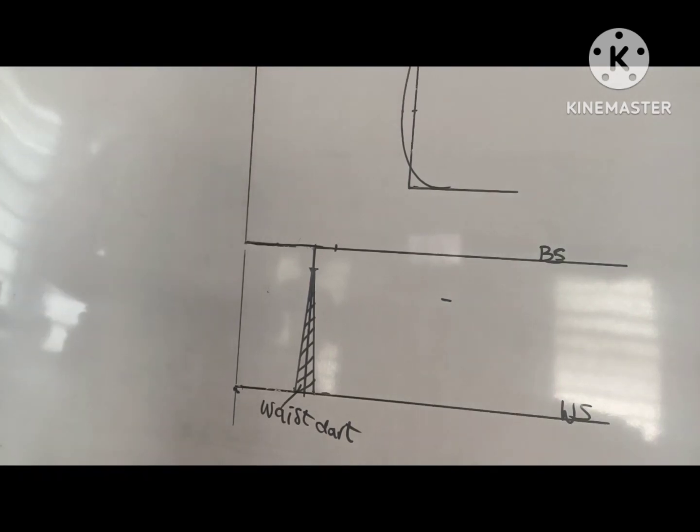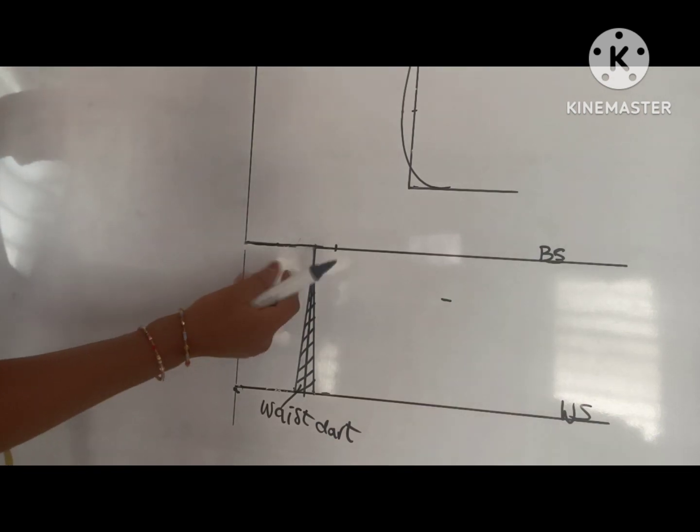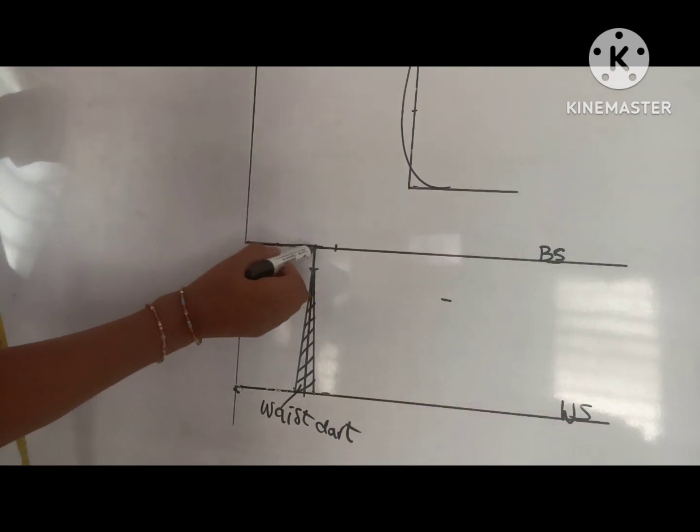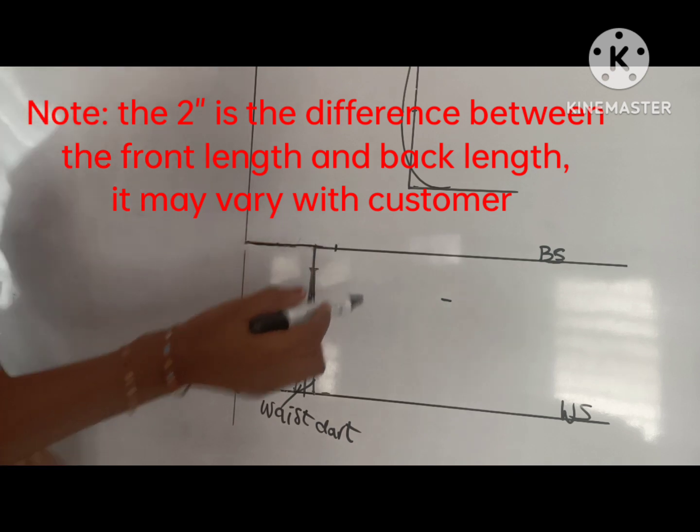The second dart you are going to be looking at is the bust dart. To input the bust dart, this bust point, you go away from it with 1 inch.